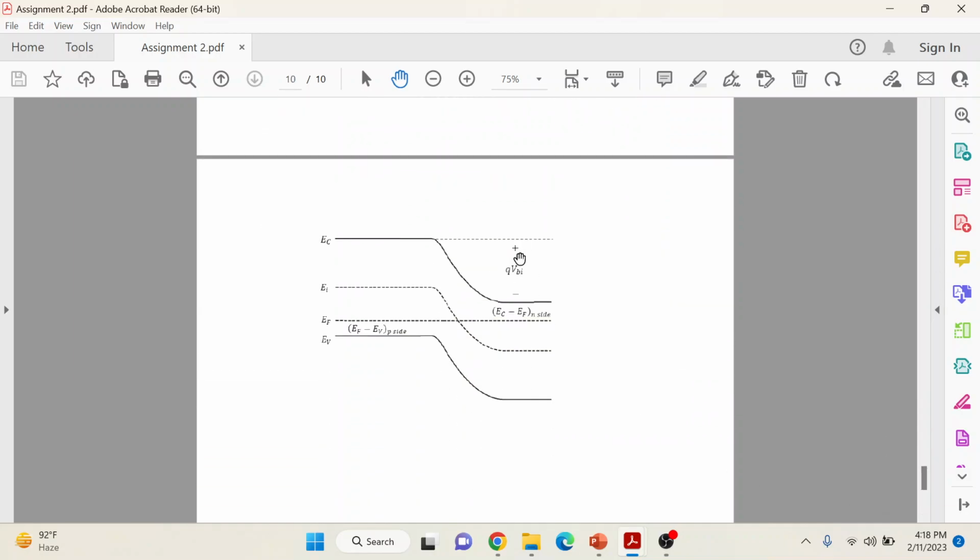Now, in layman's language, let me explain it to you. You have a conduction band, you have a valence band, and there will be a Fermi level. This Fermi level will shift on the basis of doping, and this shifting defines the built-in electric field inside these bands, the whole electron carrier dynamics.